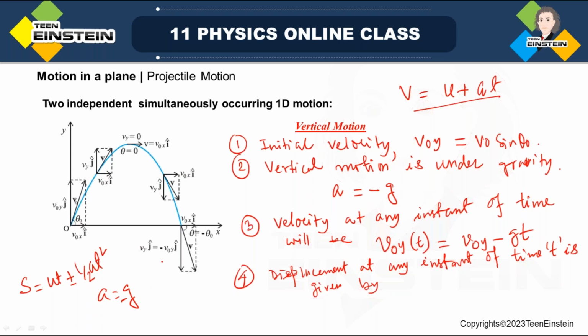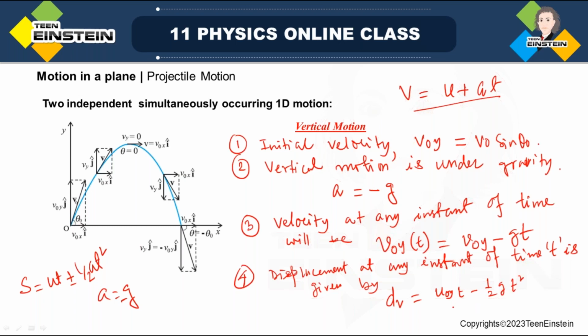Putting that here, the vertical displacement will be written as v0y t minus half g t square.